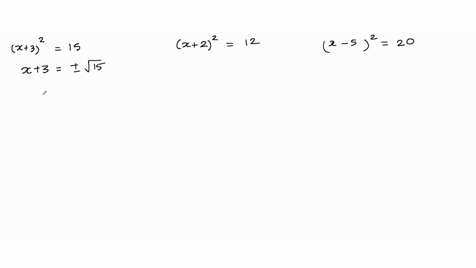And now I can shift the 3 to the other side. So it becomes x is minus 3 plus or minus root 15, which means the roots are minus 3 plus root 15 or minus 3 minus root 15, right?